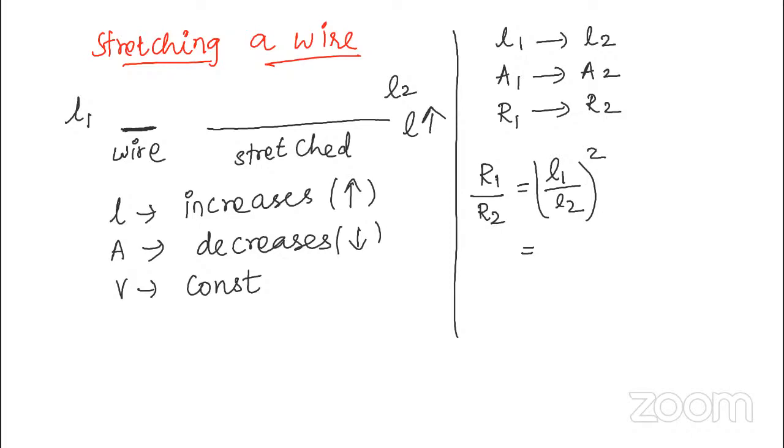Then suppose the area values. For area, we know it is inversely proportional. So for R1 it is L1. What will come here for R1? In the area formula, A2 by A1 or A1 by A2, which values will come?